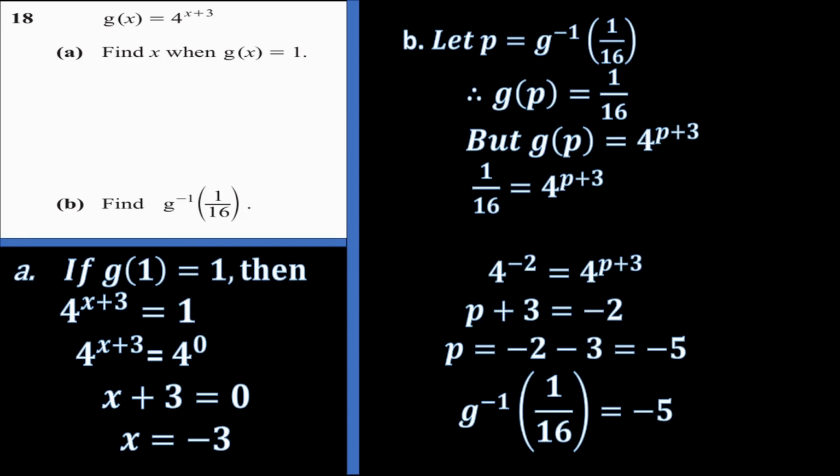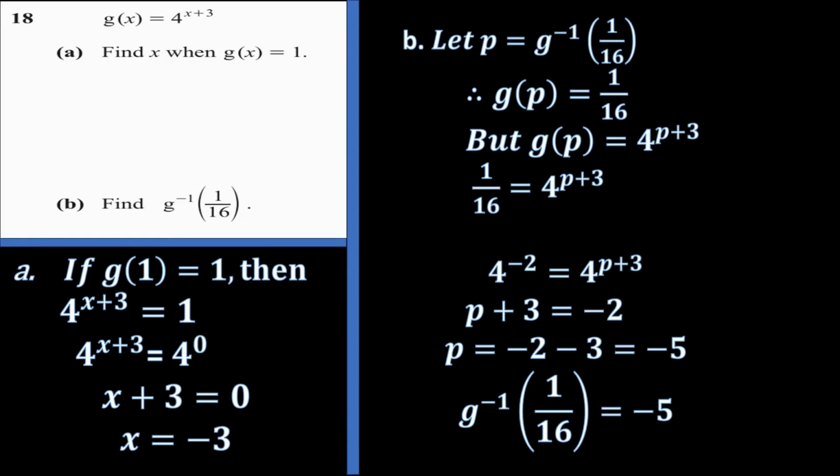So that's why we now have g of p equals 1 over 16, because we have taken the g of both sides. Take the g of p and take the g of g inverse of 1 over 16. So it will just give you 1 over 16, okay?